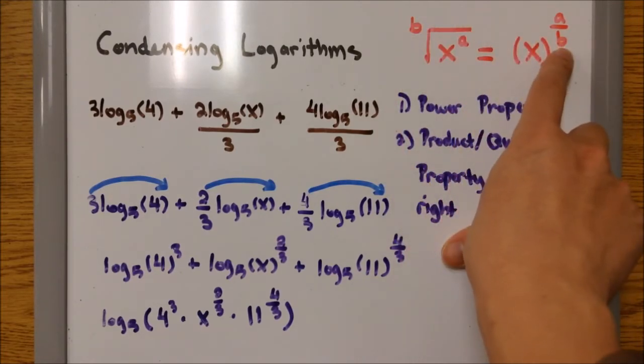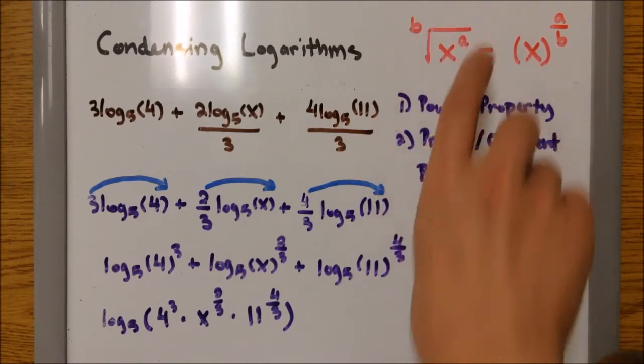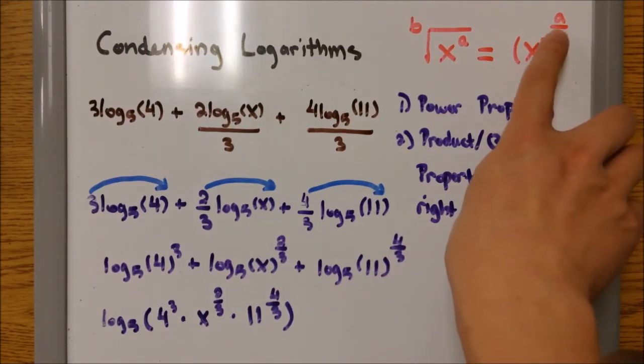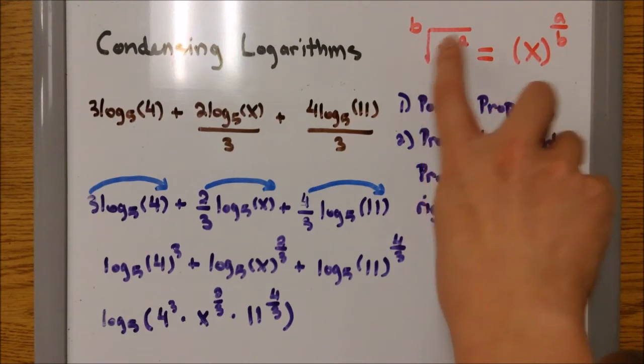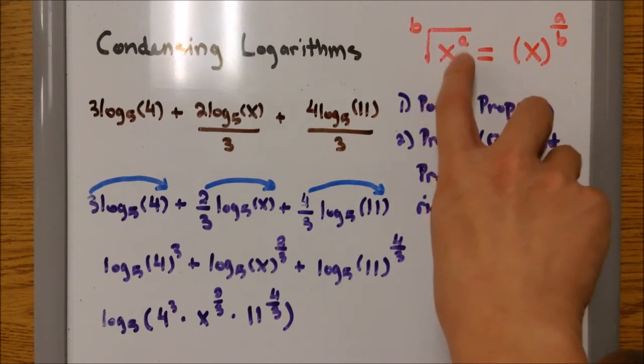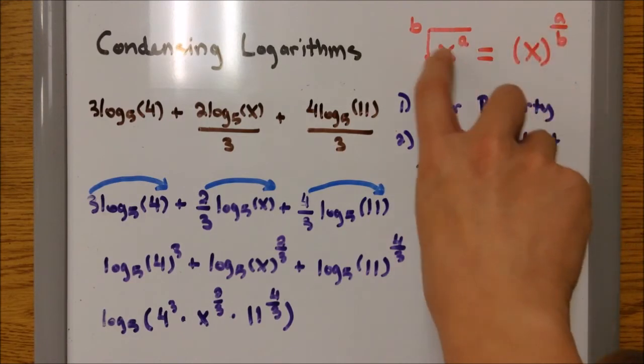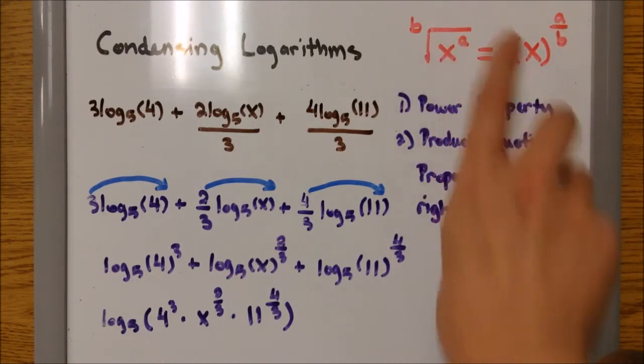If it's the denominator 4, then it'd be the 4th root. So in this case, these two both have 3's. So these two would be in the cube root. And then our numerator would just simply be inside the root with the x or with the number. So the numerator is the exponent for what's inside the radical.